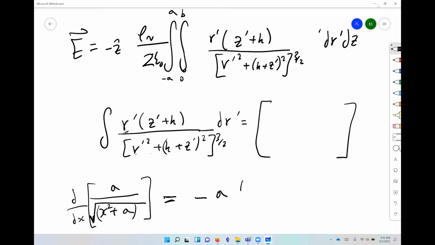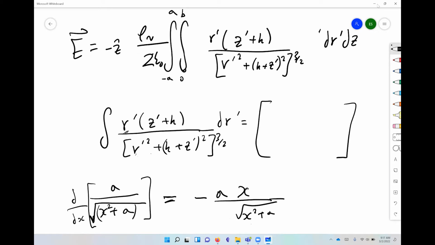So it's 1 over 2 square root of x squared plus a, times the differentiation of what's inside the square root, which is 2x. The 2 cancels with the 2, and you end up with x. I'm trying to show you that this arises naturally whenever you have x over a square root.